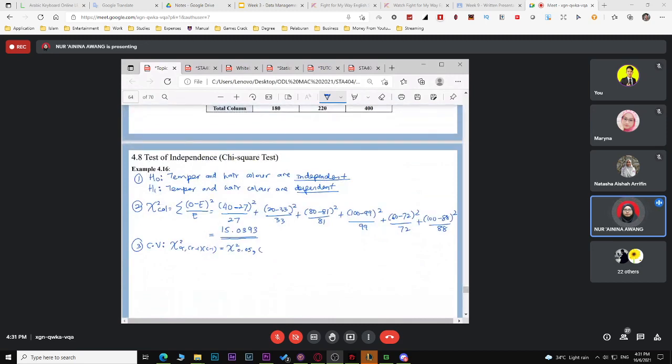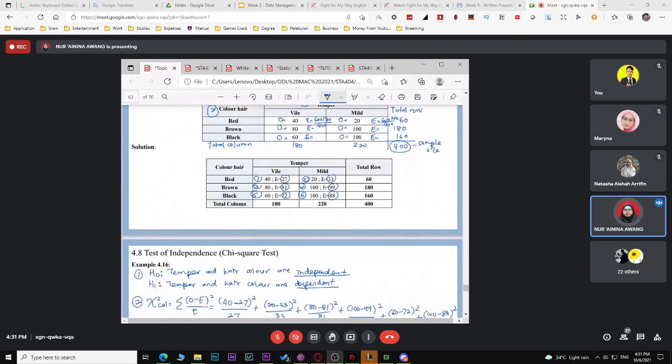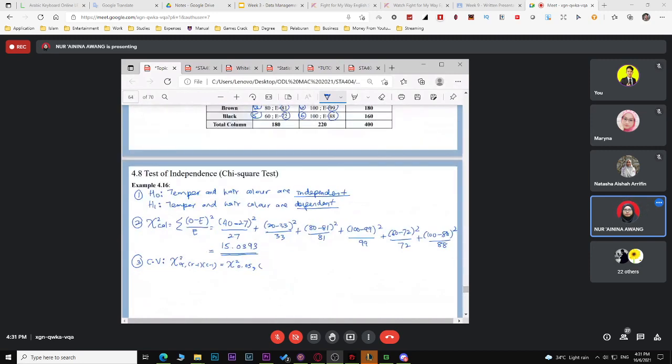Your rows, here we have 1, 2, 3, so 3 minus 1. And your columns, you have 2, so 2 minus 1. So it will become 3 minus 1, which is 2, times 2 minus 1, which is 1, giving 2. So this is your degree of freedom, 2.